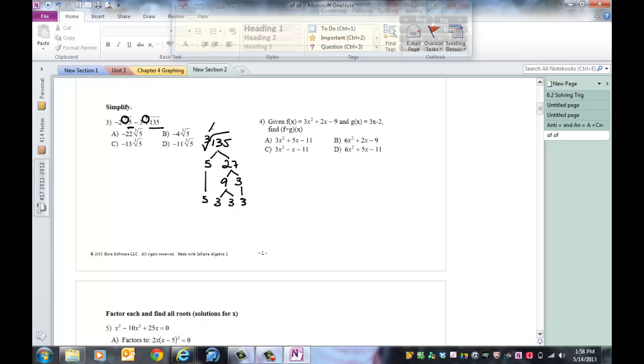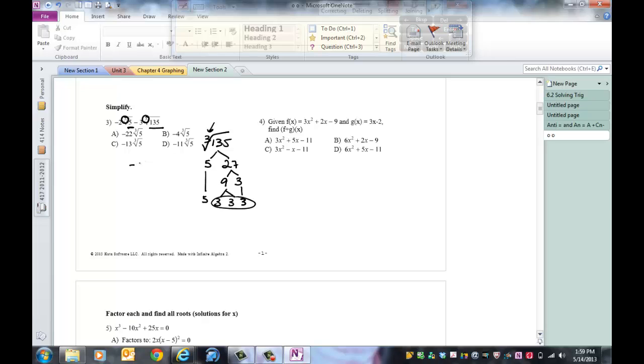Now this index of 3 is very important. This tells me how many numbers I need in common in order to be able to pull one out. So because this is a 3, I need 3 3s in order to pull it out. If this was a 4, I would need a group of 4. If it were a 2, or you don't see a number, because with square roots you don't see numbers, you would need 2 of them.